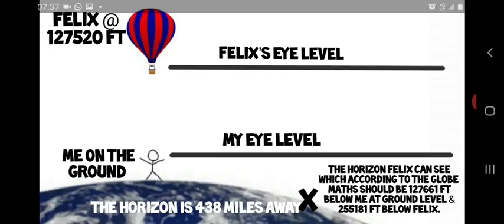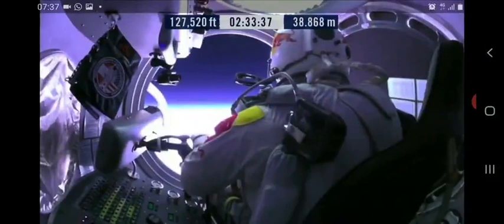Think about that. I am on the ground below Felix, and according to the globe maths, the horizon Felix is seeing should be 127,000 feet below me, and I'm on the ground 127,000 feet below Felix. Think about how ridiculous that is. Of course, when we go there, it's obviously ridiculous.